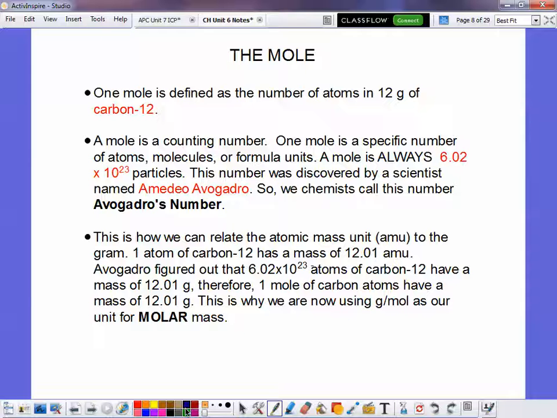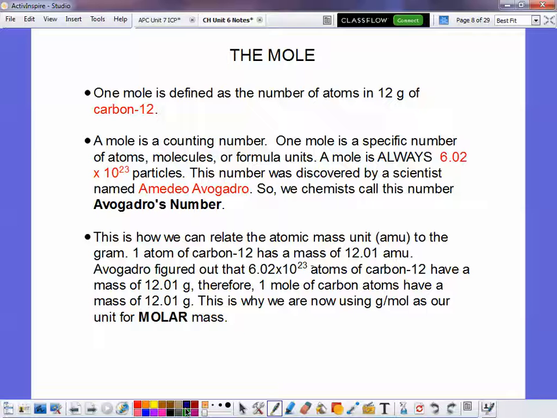Way back when, there was a guy named Amedeo Avogadro who figured out how many atoms are in 12 grams of carbon-12. It is an insanely large number of atoms. The mole is a counting number. It's like if I said I have a dozen eggs, how many eggs do I have? 12.